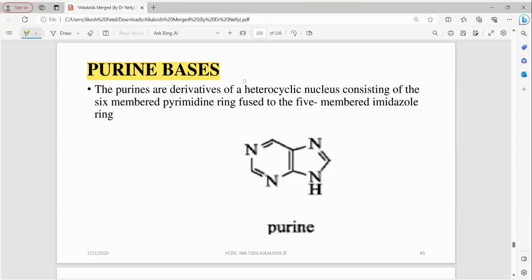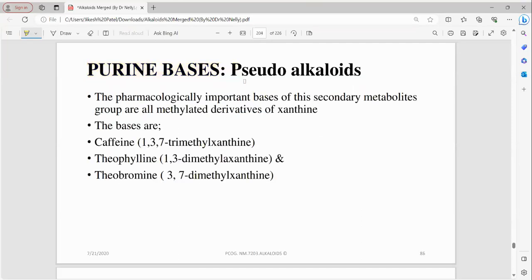A good example in that case was caffeine, which we will see under the purine bases or purine alkaloids. Caffeine is a pseudo-alkaloid. There are three pharmacologically important ones in this category: caffeine, theophylline, and theobromine.